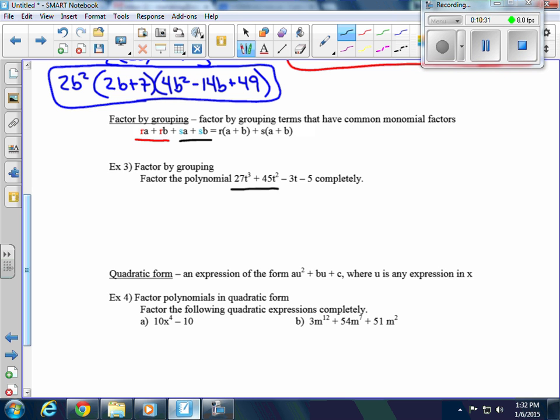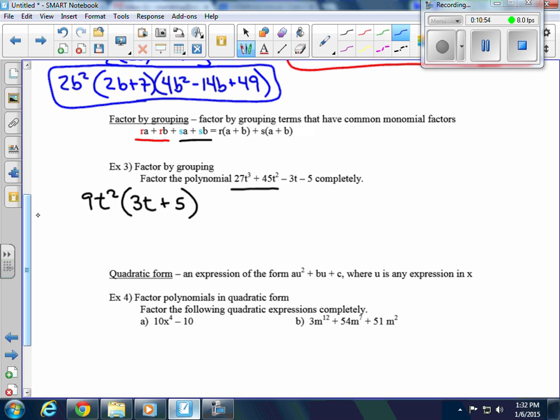So I'm going to take a 9t squared out of both of them. So if I factor that out of the first term, I'm going to have 3t left. And if I factor the 9t squared out of the second one, I'm going to have a plus 5. So that's what I have left after I factor the 9t squared out of the first two.